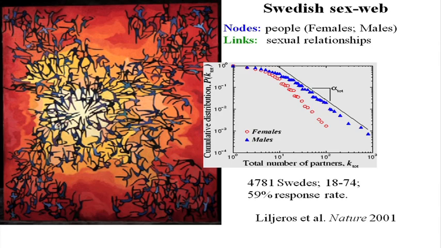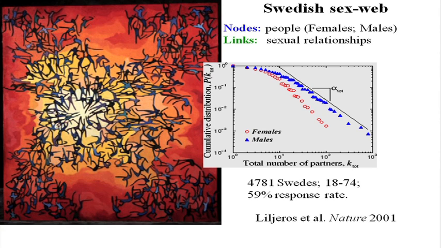As I show you in this slide, if you draw the degree distribution of the male nodes, those that are only males in the network are represented by the blue triangles in this figure. Those that are only female nodes, their degree distribution is indicated by the red circles that you see in the figure. So, what can one immediately say?